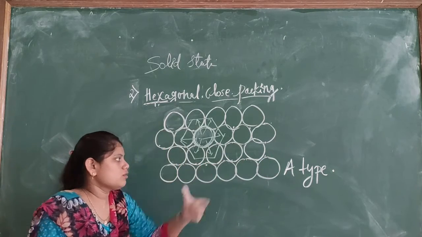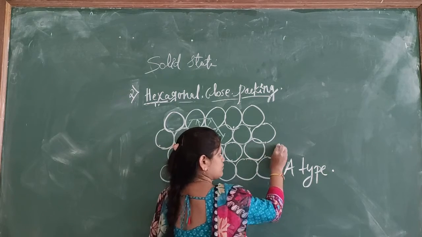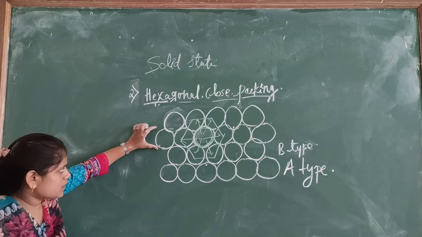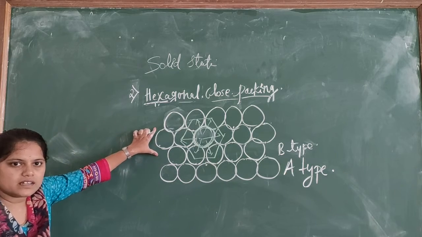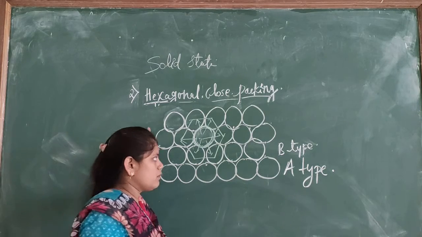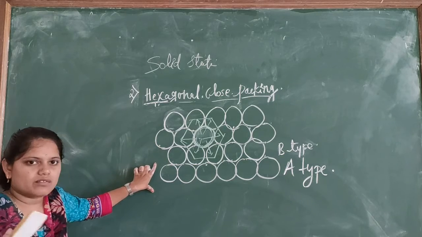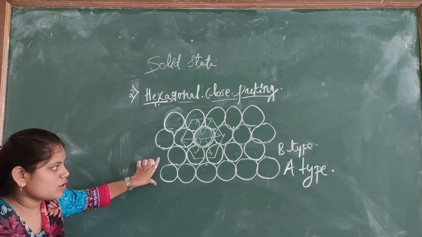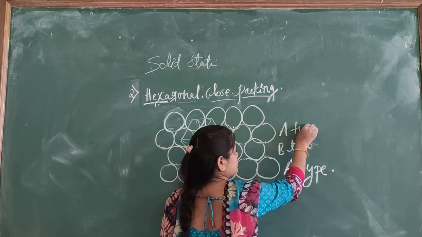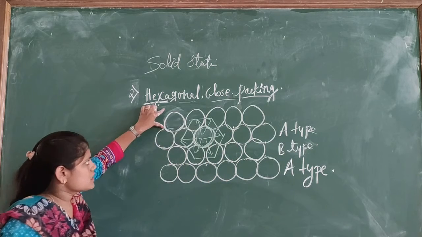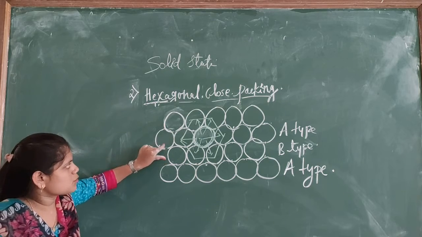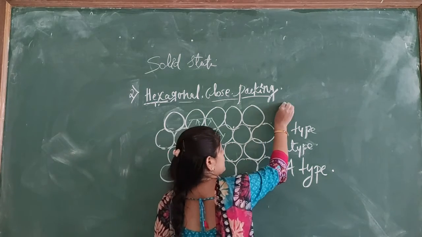Now this row will be the B type. If you go towards the third row, it will be exactly aligned to the first row, like A type. So again the third row will be the A type row. Now this fourth row will be aligned to the second row, like B type.